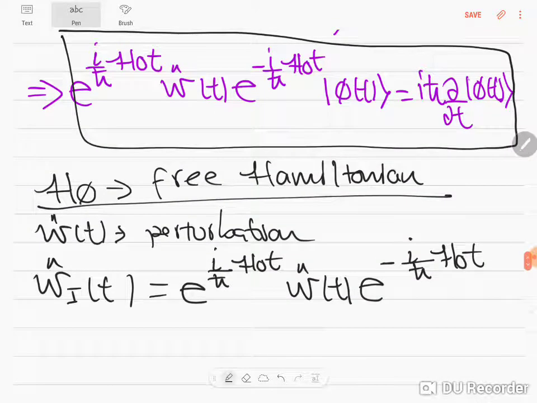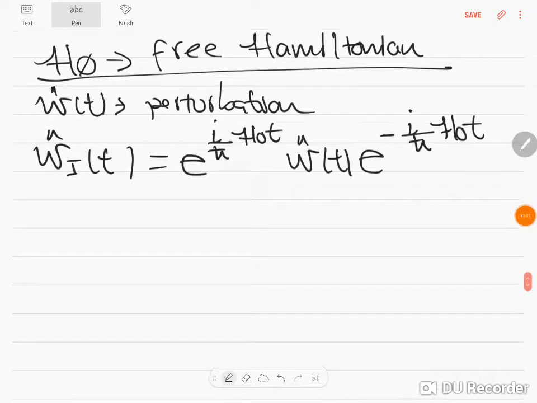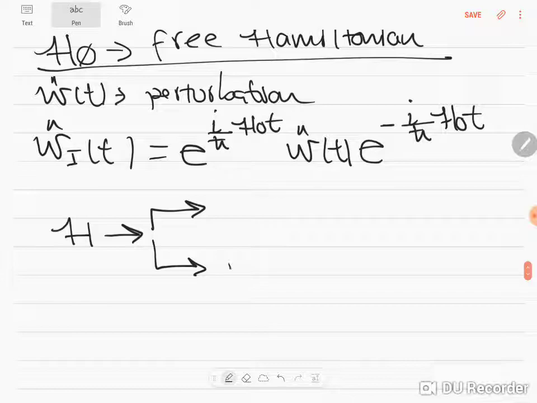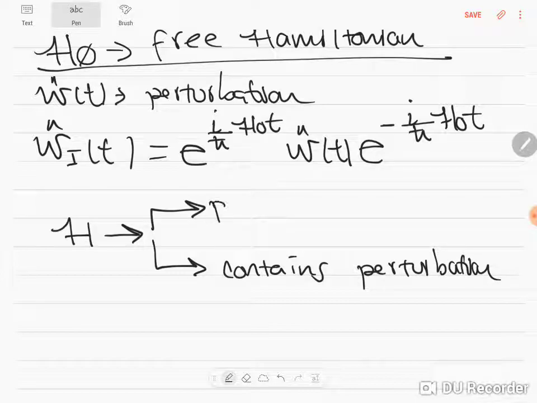So to have an operator in the interaction picture, you need to split your Hamiltonian into two parts. A part that contains the perturbation, and a part that is perturbation free.